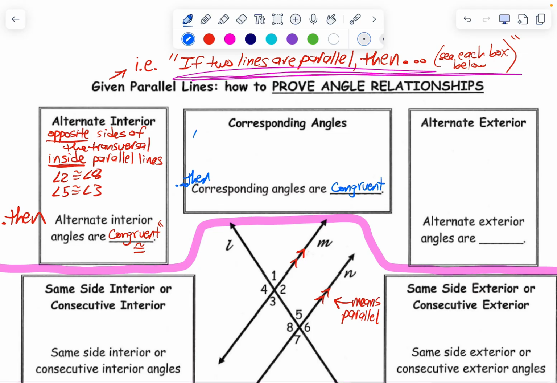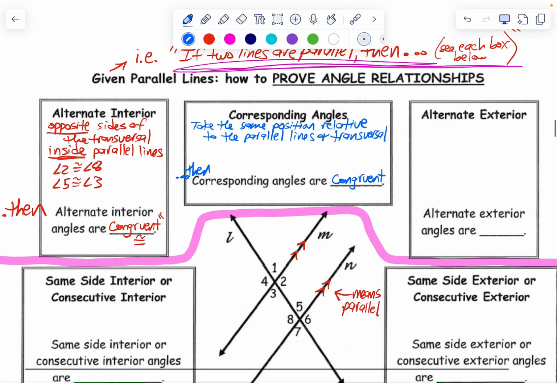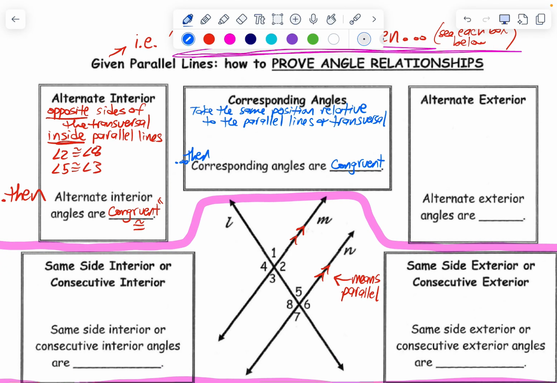Corresponding angles take the same position relative to the parallel lines and transversal. In other words, you could slide one corresponding angle up and exactly cover the other, its corresponding angle. It's in the same exact position relative to the parallel lines and transversal.